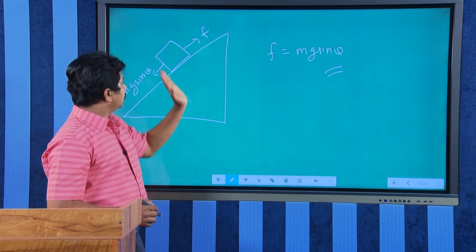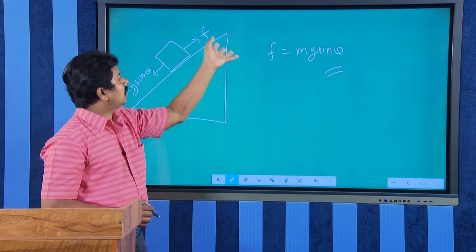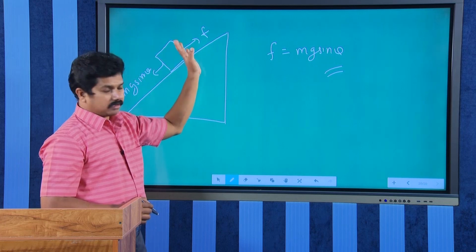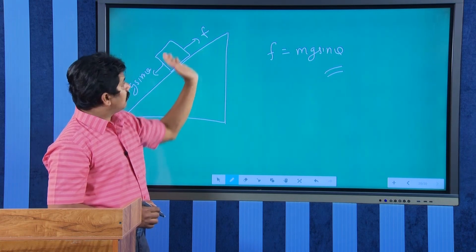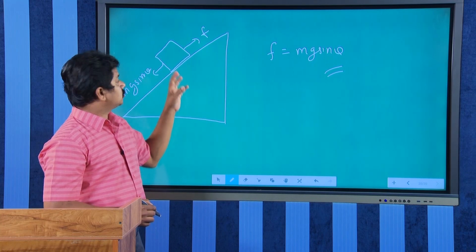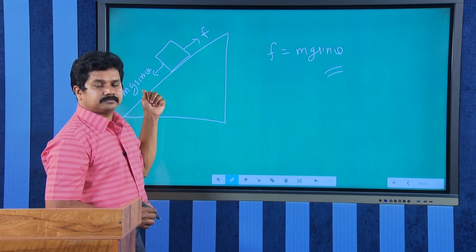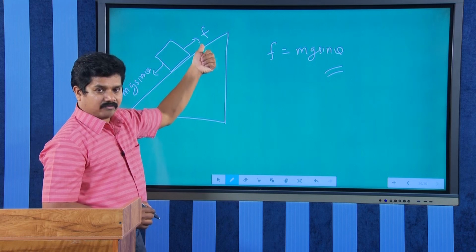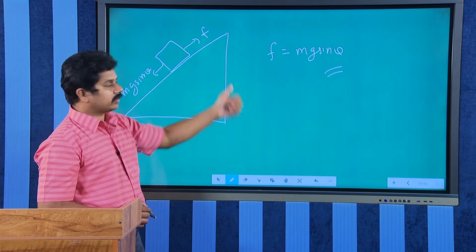To start the motion, the downward force should be greater than the frictional force, then only the block will slide down. Or while sliding down, the mg sin theta should balance F, or it should be greater than F. Okay.